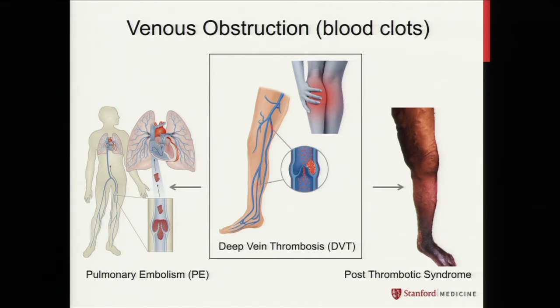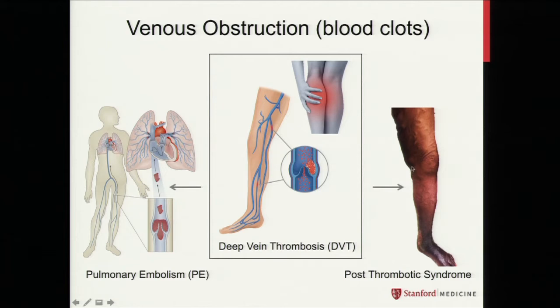On the other hand, if you survive the acute stage of DVT or pulmonary embolism, you could still have later complications known as post-thrombotic syndrome. If you have a blood clot that's obstructing the vein, it's similar to reflux: you have something there that's causing a lot of back pressure, high pressures in the venous system.